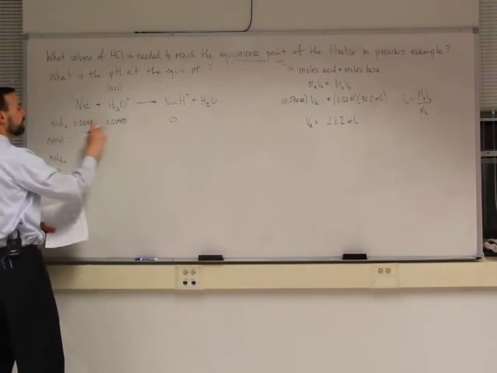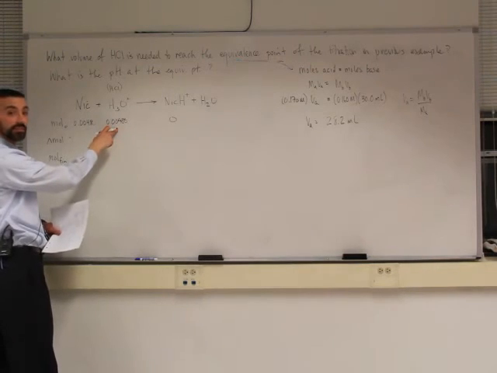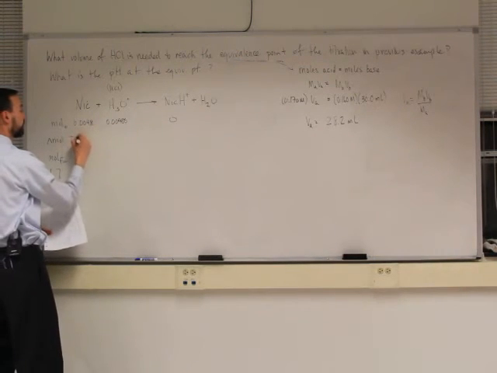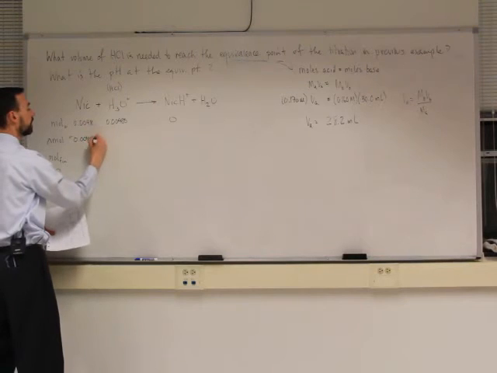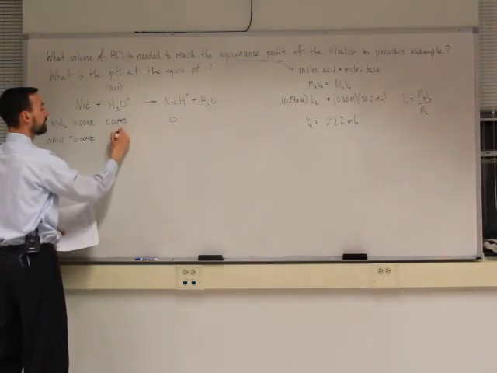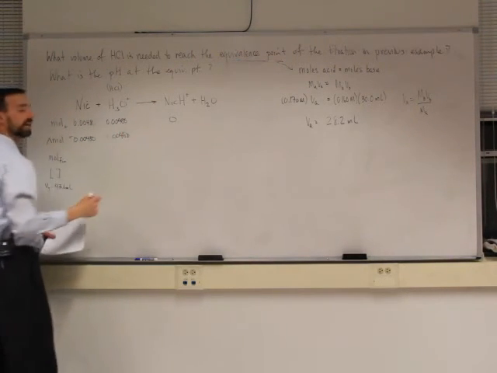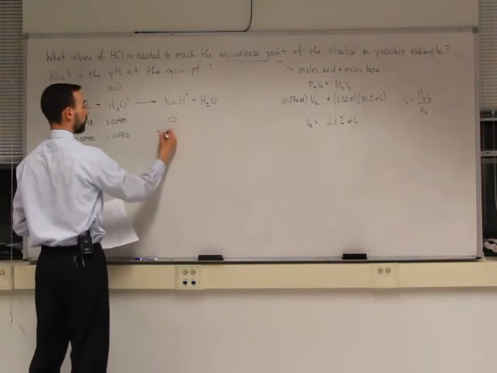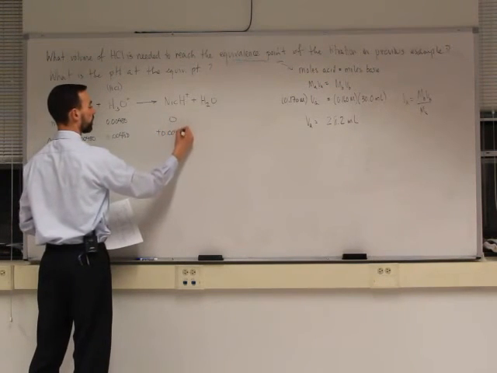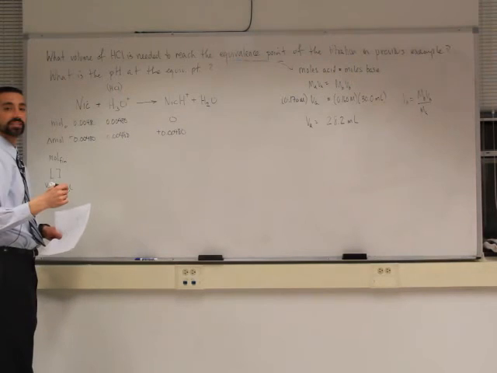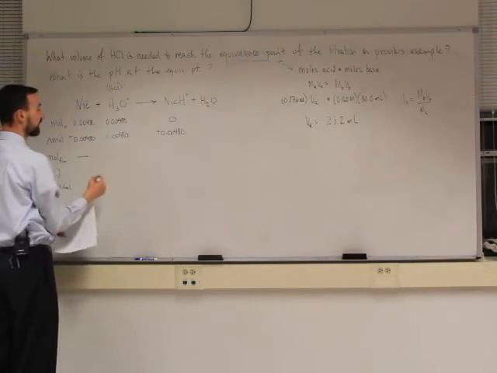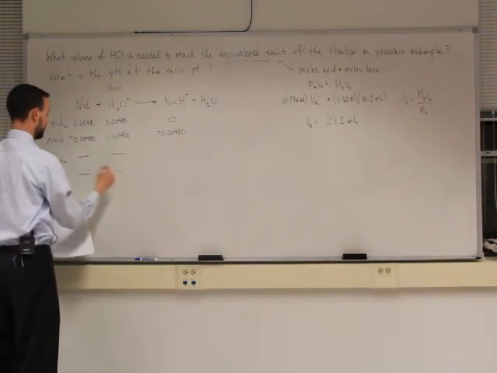So neither or both are the limiting reactant, right? We're going to use up all of the nicotine and all of the hydrochloric acid. And we'll form an equal 0.00480 moles of the conjugate acid. So we'll have none of this left, none of this left.